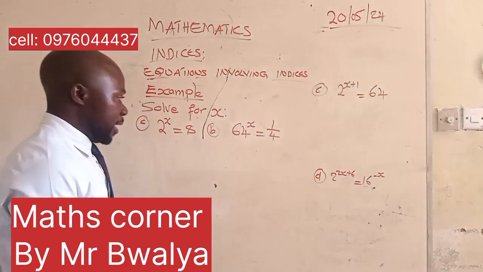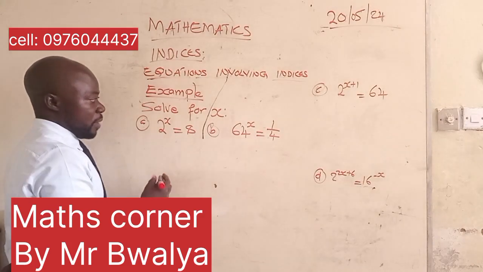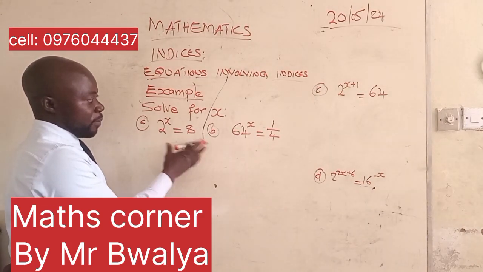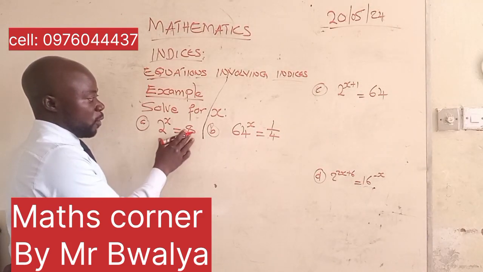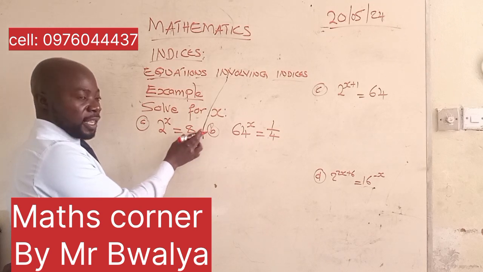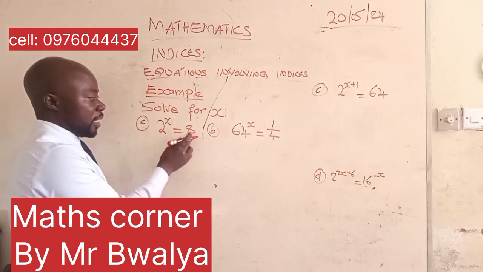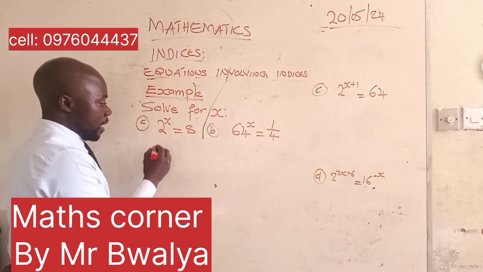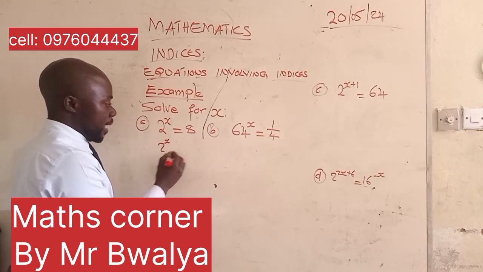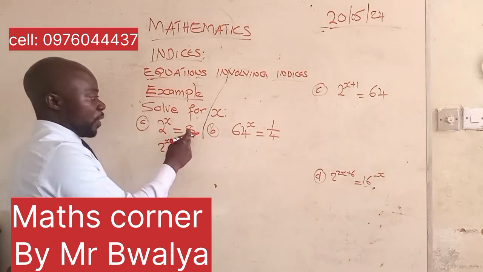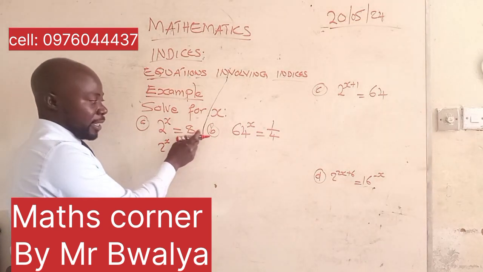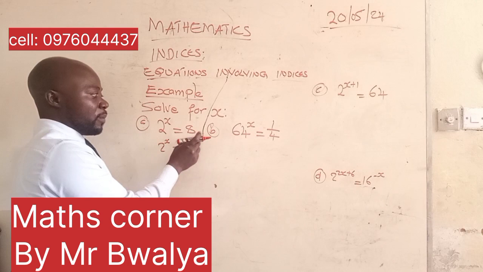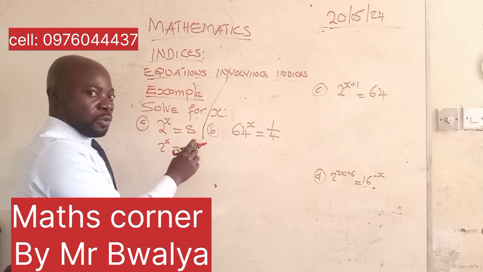Therefore, solution. Given this type of equation, first of all you need to change it so that you have the same base. So we write 2 to the power x is equal to, looking at this number 8, a number that you can multiply by itself to give you 8.